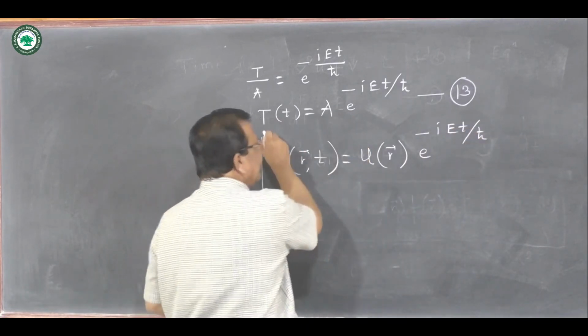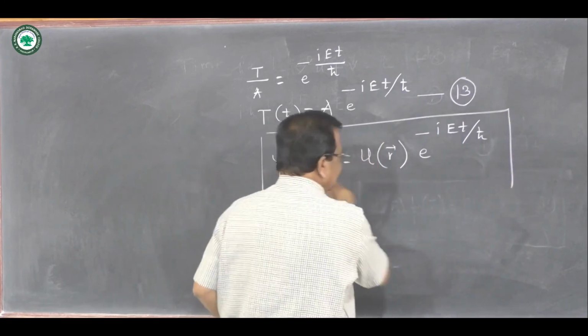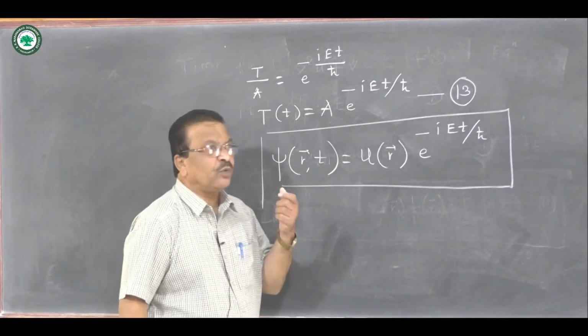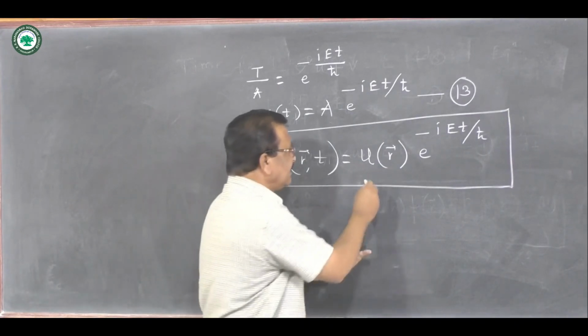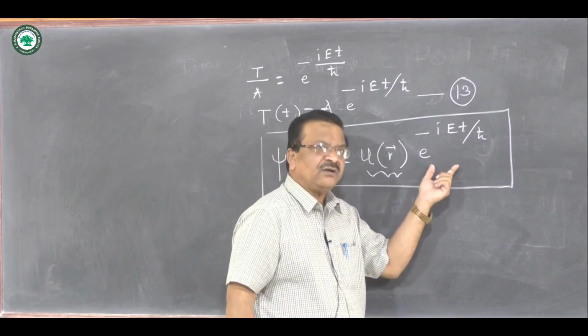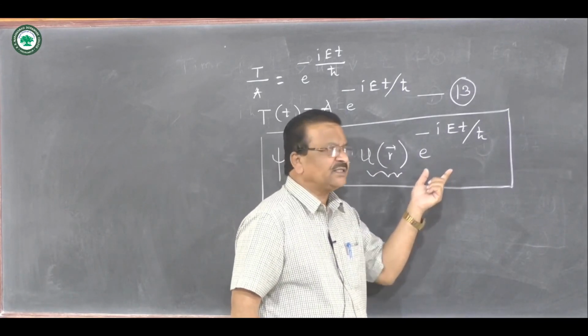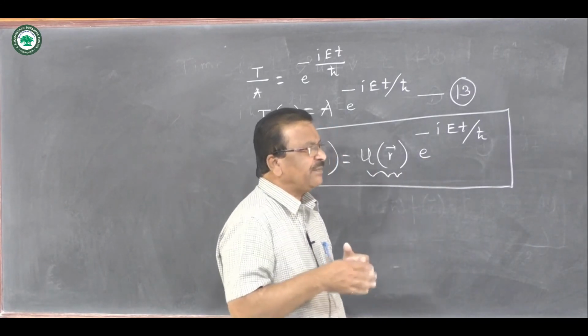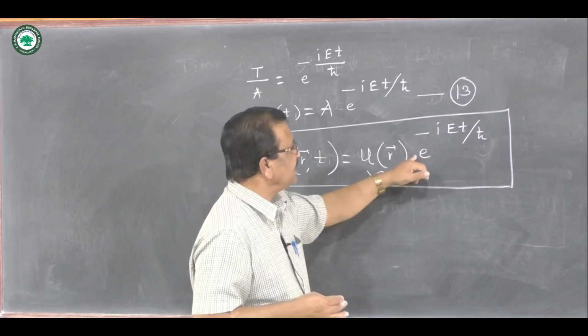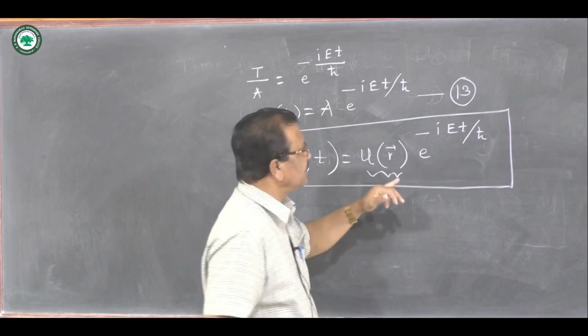The complete wave function is one which has both parts, space part and time part. And the time part for all problems in quantum mechanics in which potential depends only on r remains the same and is e raised to minus iEt by h cross.